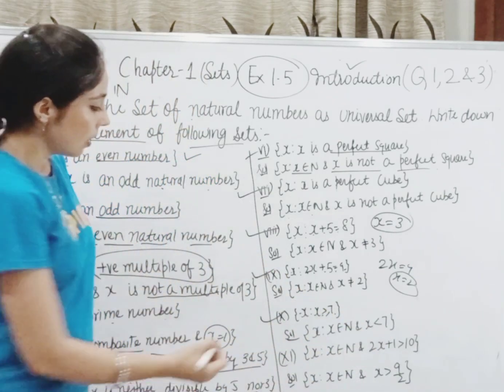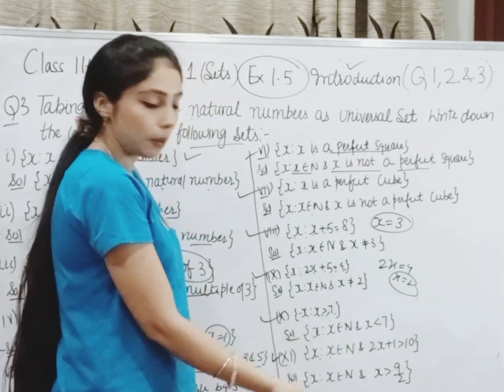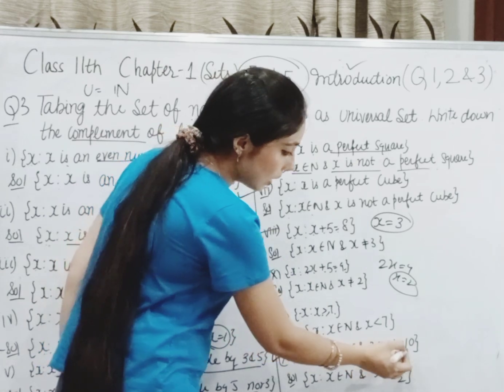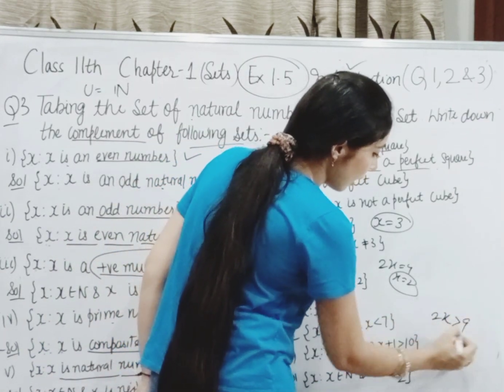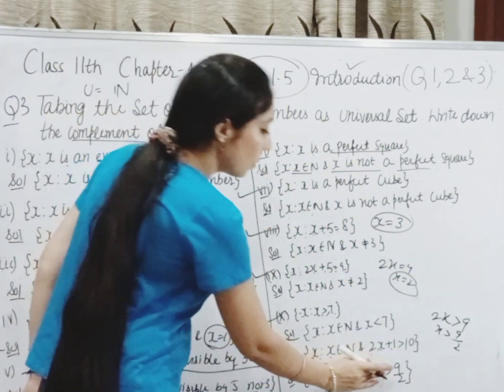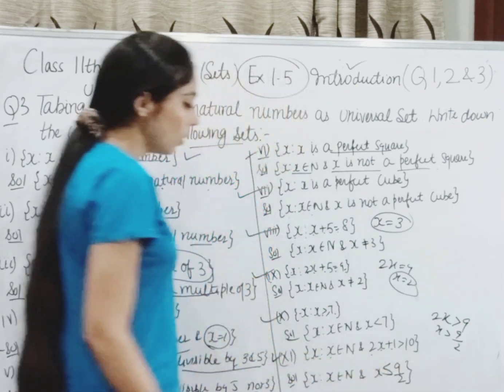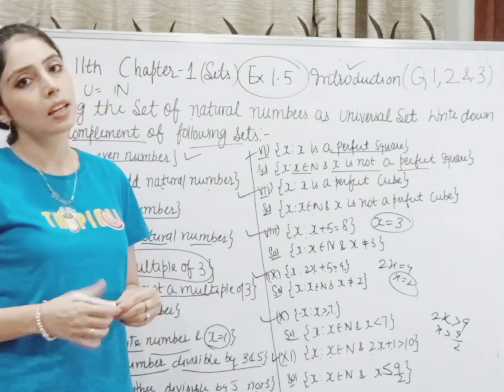Now the last part, those x such that x is a natural number and 2x plus 1 is greater than 10. If you solve this, 2x is greater than 9 and x is greater than 9 by 2. So here the answer will be those natural numbers which are less than or equal to 9 by 2.